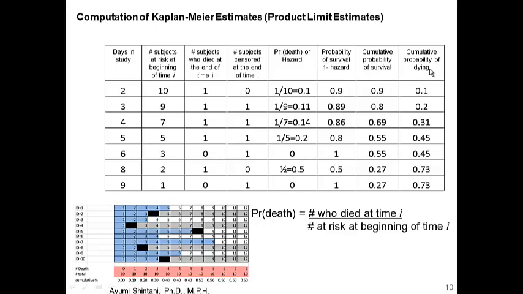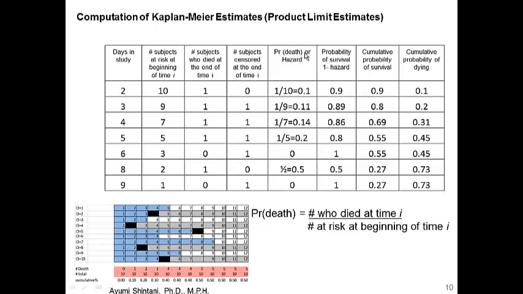And then the last 2 columns are for cumulative probability. So we compute the cumulative probability of survival, which is the probability of a person surviving at the end of each day, and 1 minus that provides the cumulative probability of dying, which is the probability of a person being dead by the end of each time point.